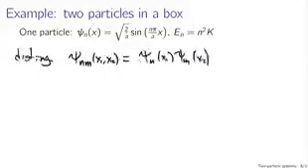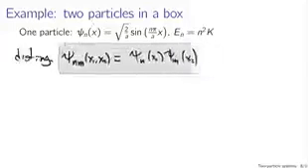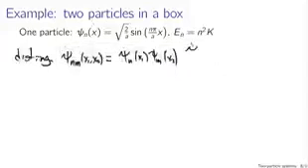The ground state, for instance, and I'm going to smush this down, give myself some space. The ground state then has n and m both equal to 1.